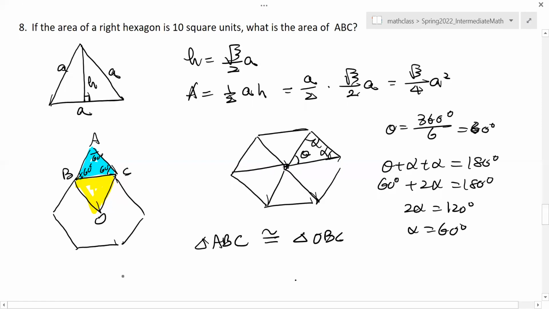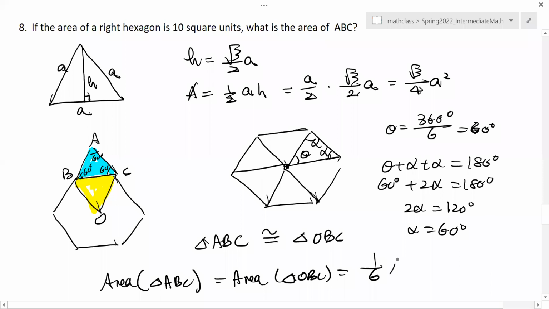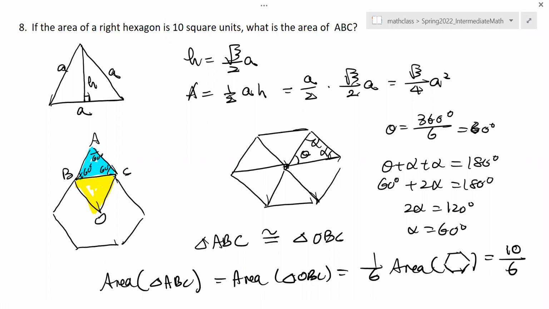So the area of triangle ABC is going to be the area of the triangle OBC, and that's just equal to 1/6 of the area of the hexagon. Okay, so that's going to be 10/6. That's it. So 10/6, right?